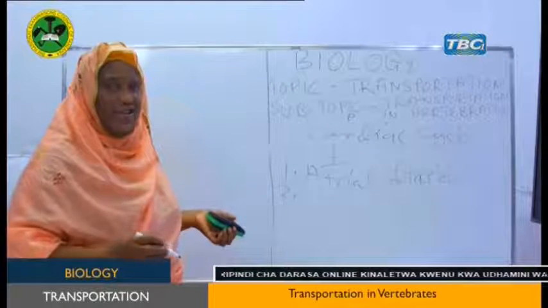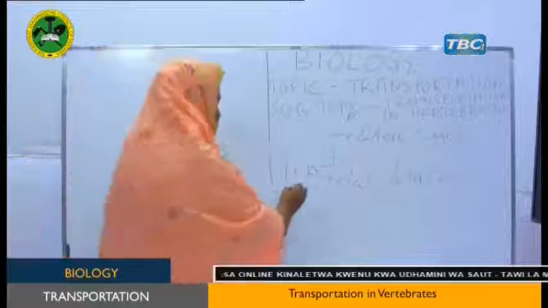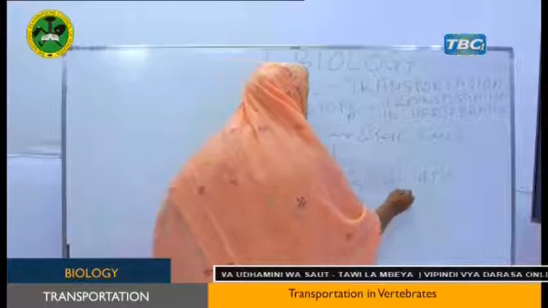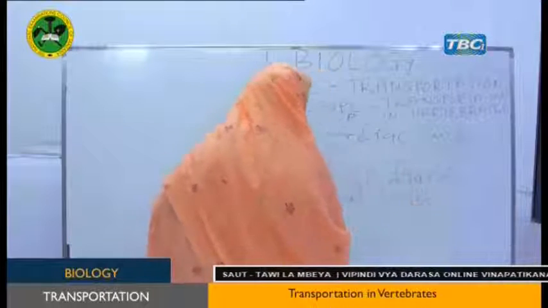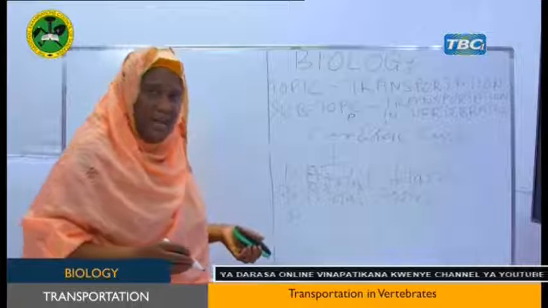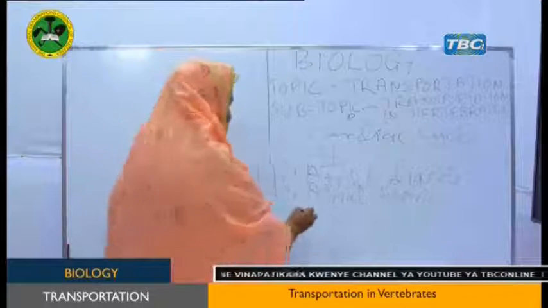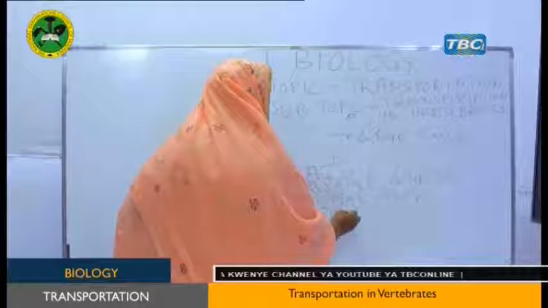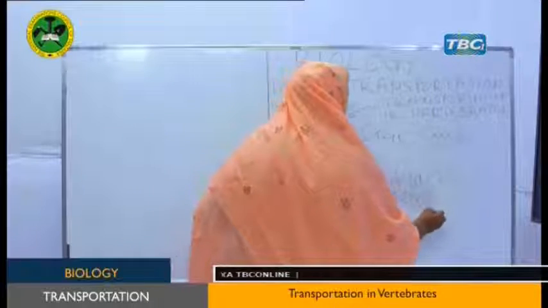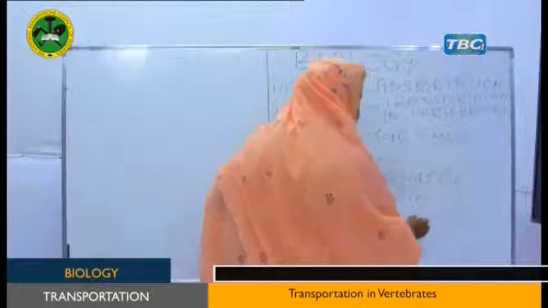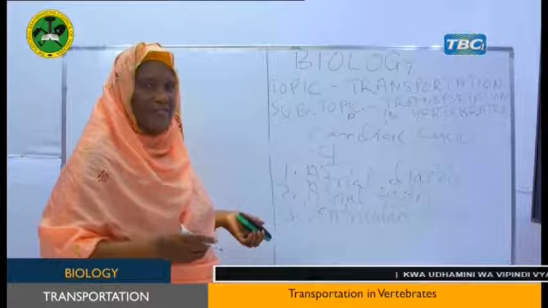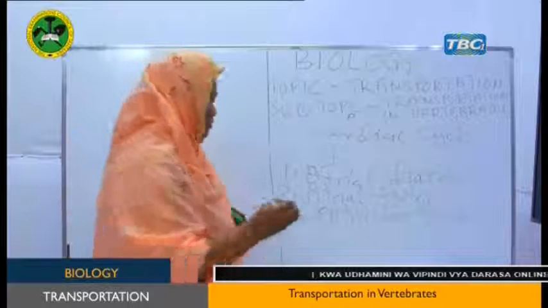Another one is Atrial Systole. The third is Ventricular Systole. And the last one is Ventricular Diastole.